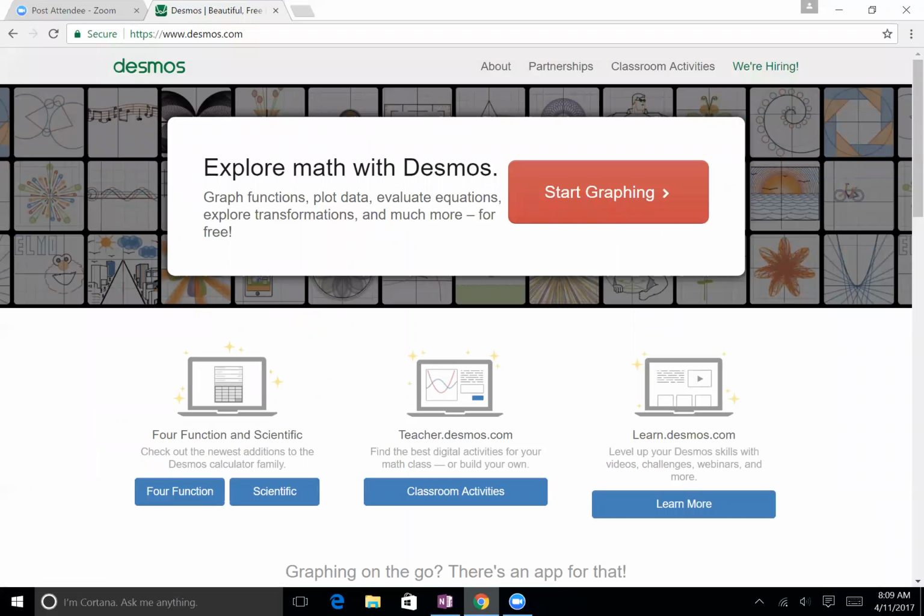I'm going to type in Desmos.com, or if you have the app, open up Desmos. Everybody, if you don't have a phone, then you're going to come grab a calculator. No, it's free. Desmos, you can get the calculator for free.